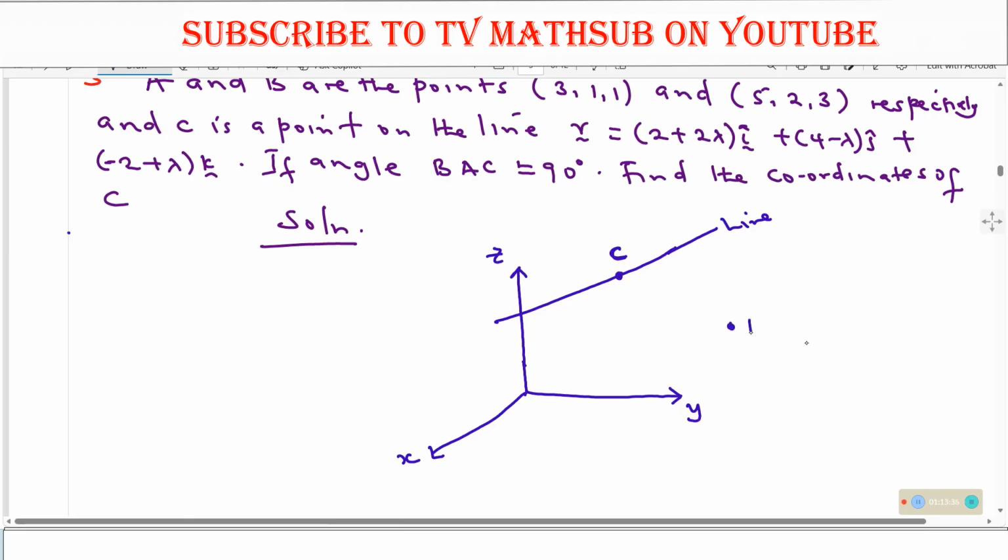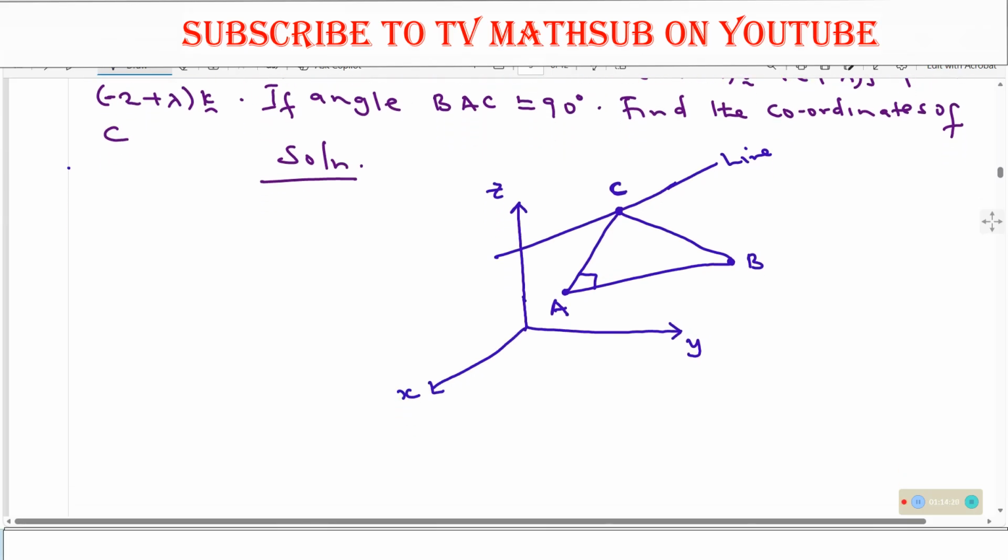So let me have this as B and have somewhere here A. We are told that the angle here is 90 degrees. This is where A is, C is a point on the line, and the angle BAC, the angle at A, is 90 degrees.